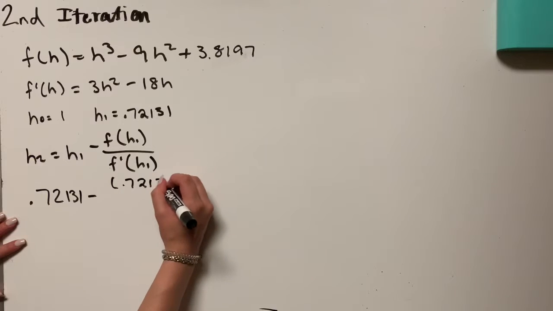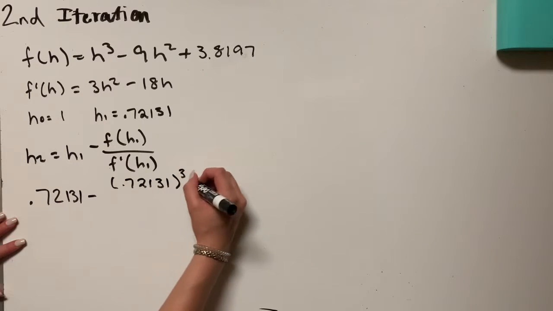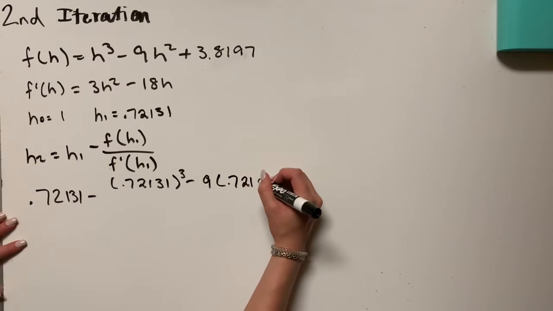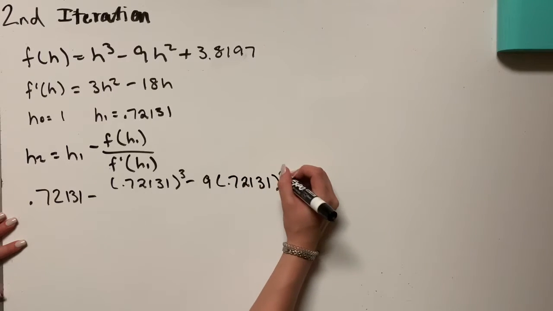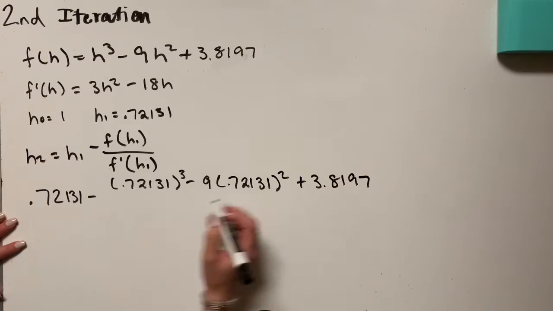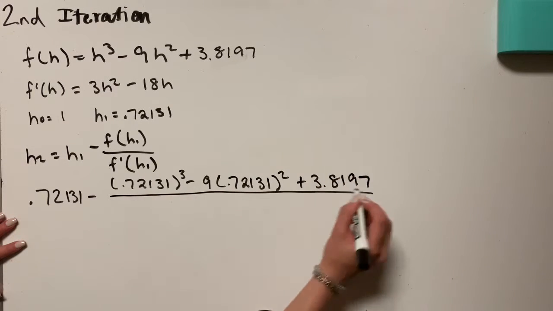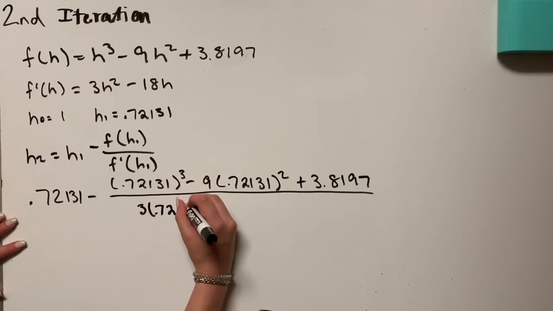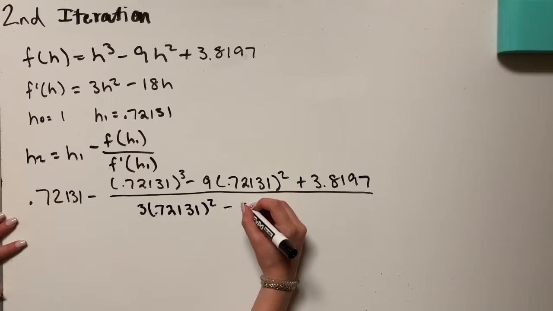And that's going to equal 0.72131 minus 0.72131 cubed minus 9 times 0.72131 squared plus 3.8197 all over 3 times 0.72131 squared minus 18 times 0.72131.